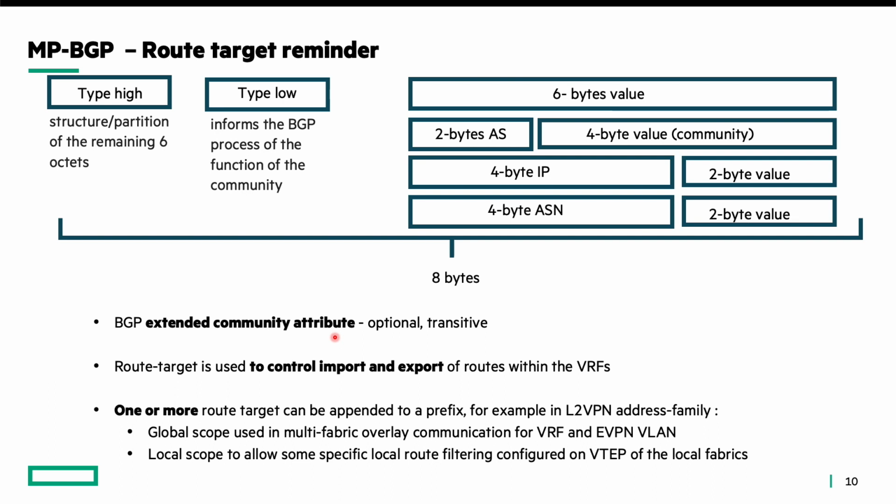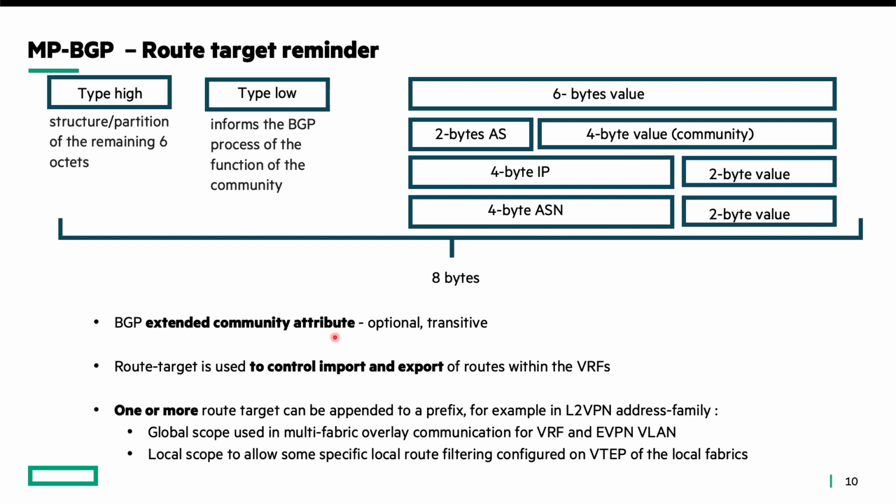One or more route targets can be appended to a prefix. This can be the case if you deal with L2 VPN and multi-fabrics, where you need to stretch a VRF into different fabrics. On the borders, you can set this extended community as a tag for this specific VRF.